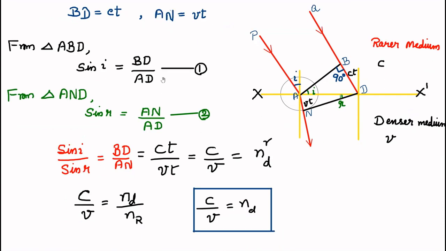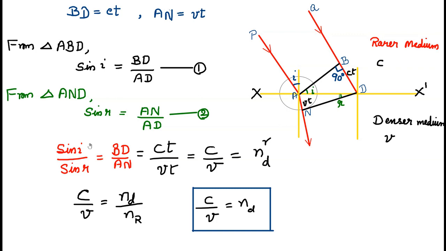Taking the ratio of equations 1 and 2, sin i by sin r equals BD by AN. AD gets cancelled out. And we know BD equals Ct, AN equals Vt, so substituting, sin i by sin r equals C by V. According to Snell's law, sin i by sin r equals the refractive index of the denser medium with respect to the rarer medium, or C by V equals nd by nr.